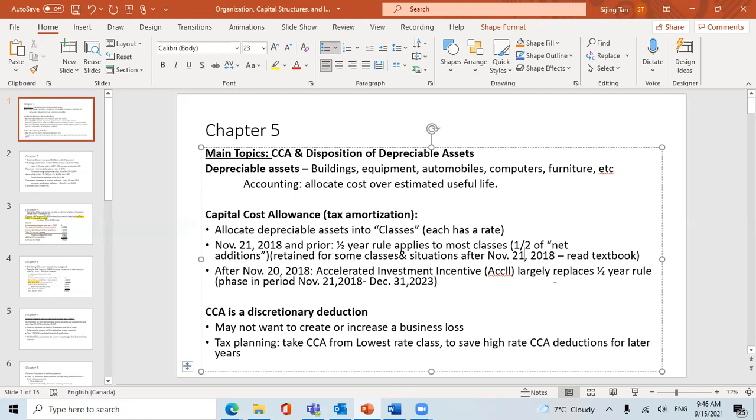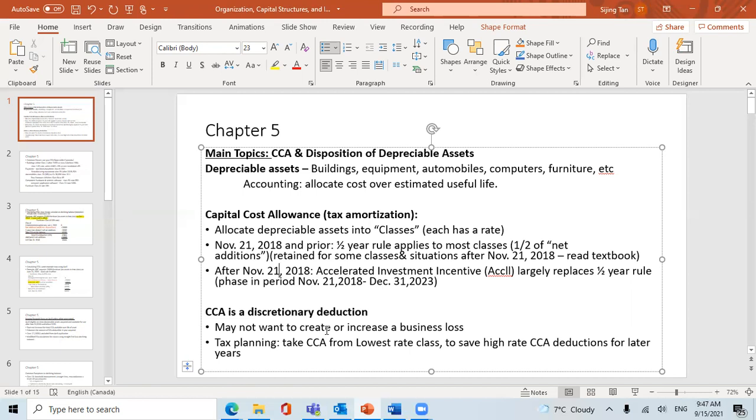Another one is, from November 21st, 2018 onwards, the accelerated investment incentive. This rule largely replaced the half-year rule. It focuses on the period between November 21st, 2018 and December 31st, 2023, which was set up by the government.